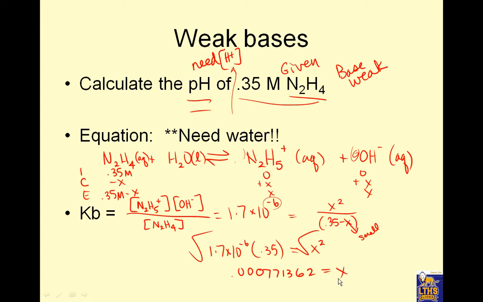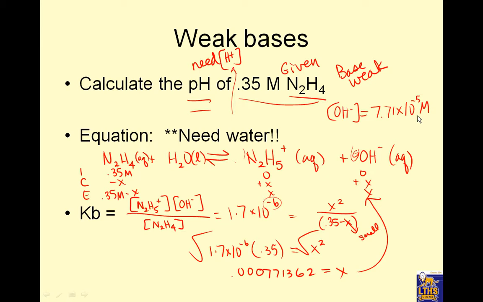What does that mean? Well, that means if I go back and look for x, x is hydroxide. So that means the hydroxide ion concentration at equilibrium is 7.71 times 10 to the negative fifth molar.